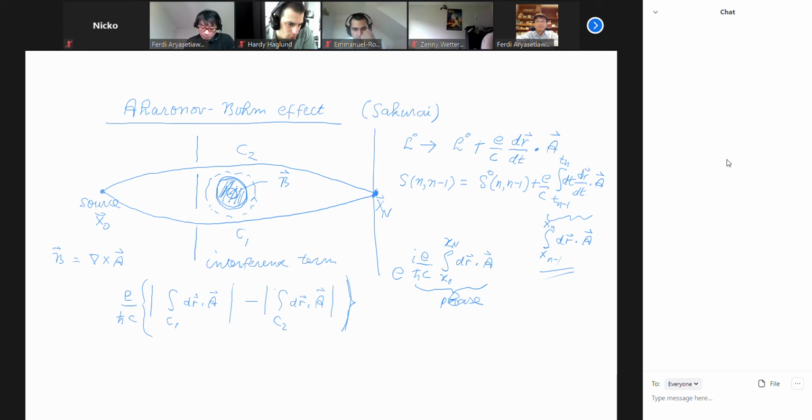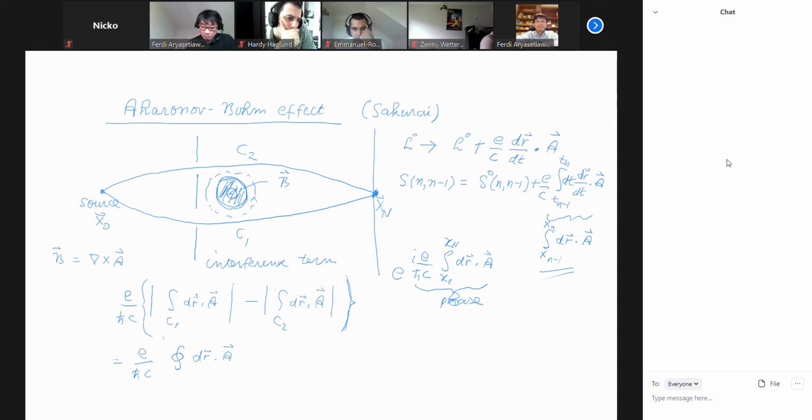And we notice that this is just equal to the line integral of A around this loop, C1 and C2.